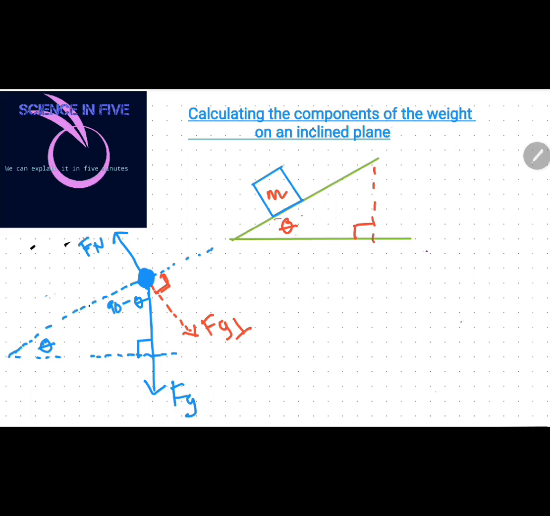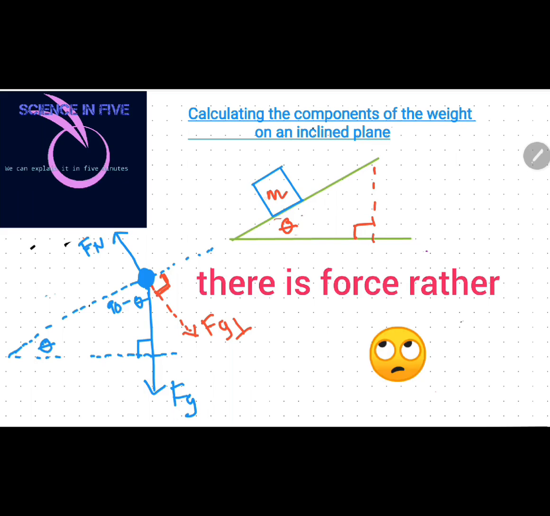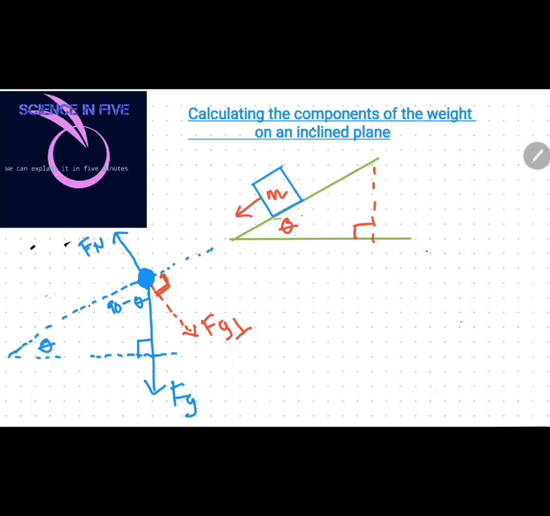Okay, then you notice there's a force that pulls the object downwards on the slope. Okay, the force of gravity has got an effect along that slope, and we're going to call that force Fg parallel. Okay, now I've got two perpendicular components that are acting, Fg parallel and Fg perpendicular.